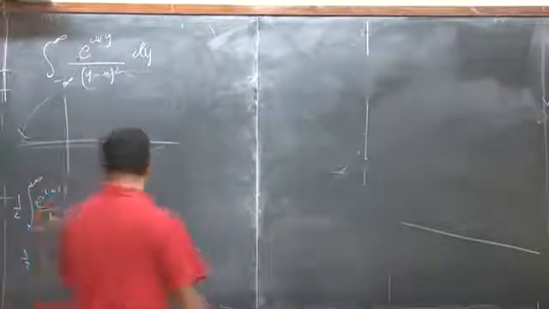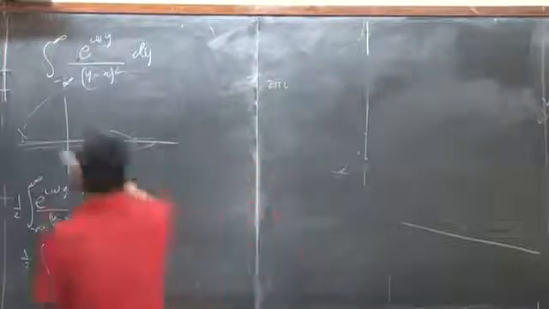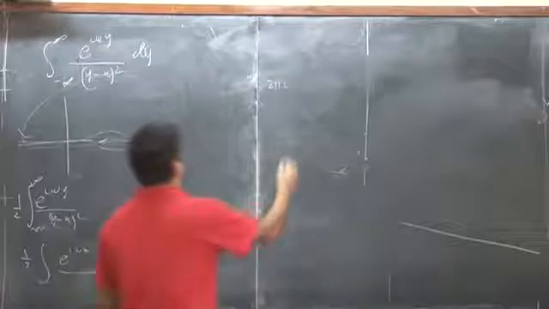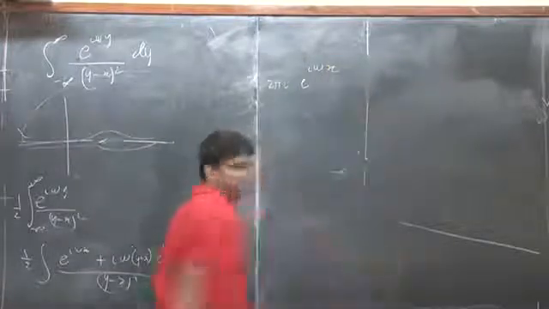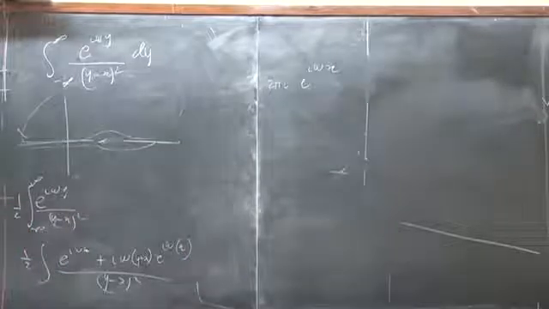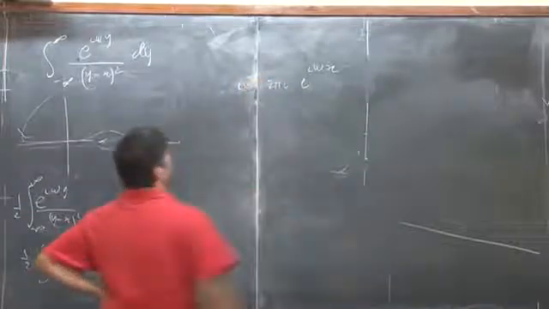And the contribution of this is simply 2 pi i times e to the power i omega x, times i omega.